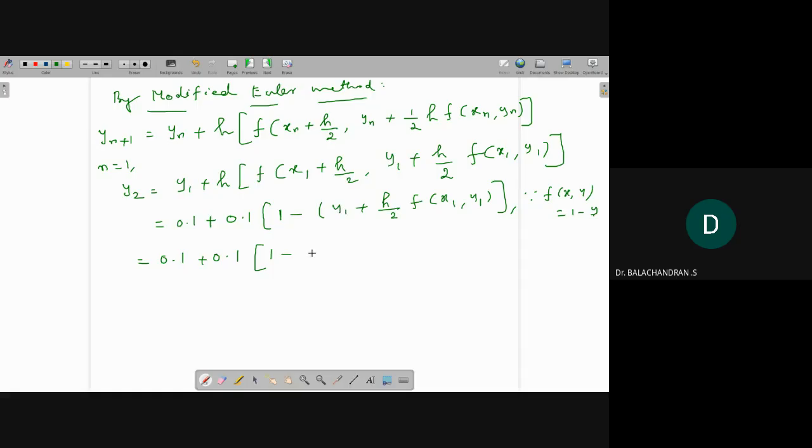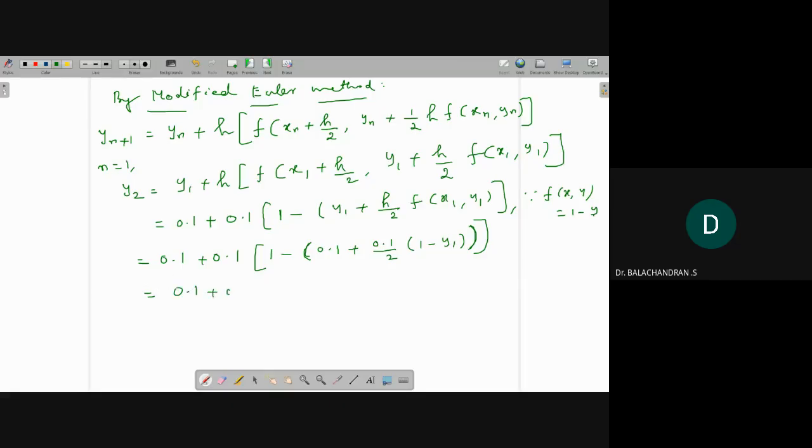y1 is 0.1 plus h, which is also 0.1, divided by 2, and f of x1 comma y1 is 1 minus y1. Then close this bracket and then that bracket. Now I think you can do it in your calculator.